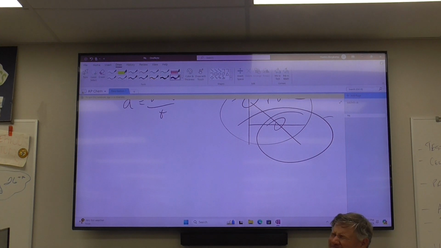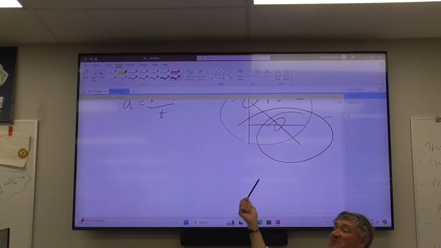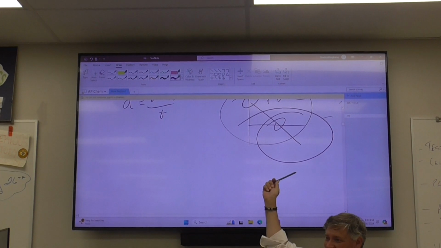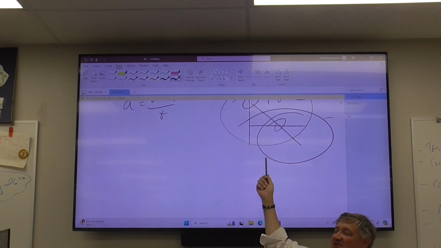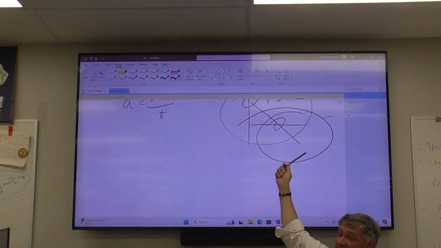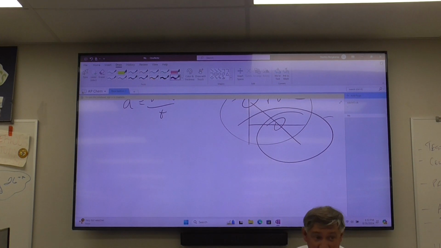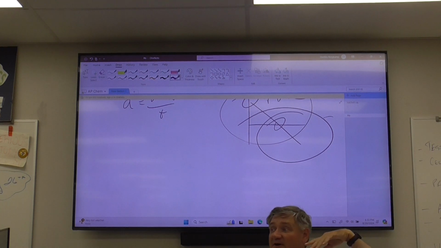Acceleration. Does this line have the same slope once it crosses 0? Yes. So mathematically, in terms of slope, it's still going to have a negative value.